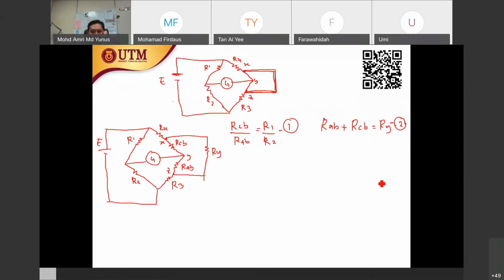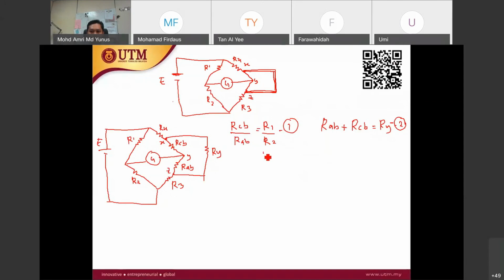Okay, so next we need to transform the X Y Z. So basically, if you look here, X Y Z, here is RCB, here is RY, here is RAB.